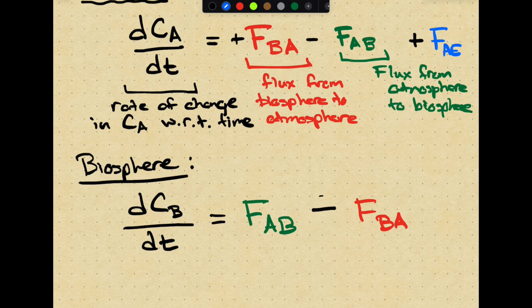I couldn't, and the reason why is that there's no relationship between these fluxes, FAB, FBA. FAE is just an external one that we would be given a number for.